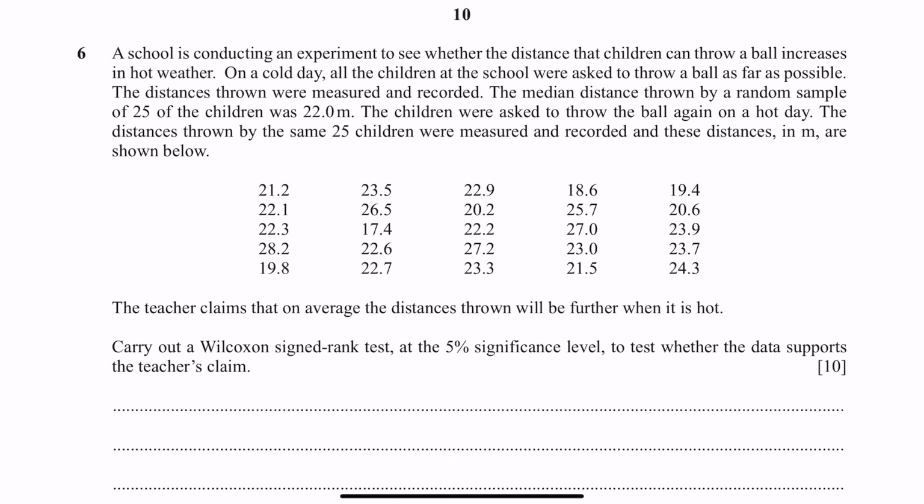Question 6. A school is conducting an experiment to see whether the distance that children can throw a ball increases in hot weather. On a cold day, they are asked to throw a ball, and the median distance thrown by a random sample of 25 of the children was 22.0 meters. So this would be the median during the cold day, and the children were asked to throw the ball again on a hot day by the same 25 children.